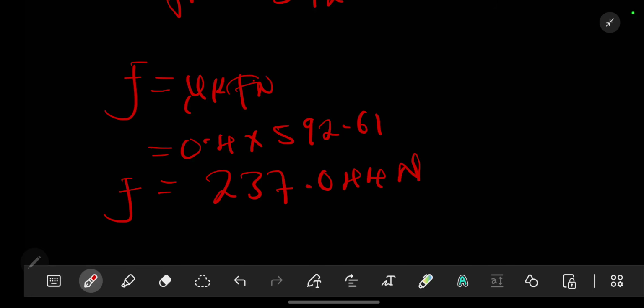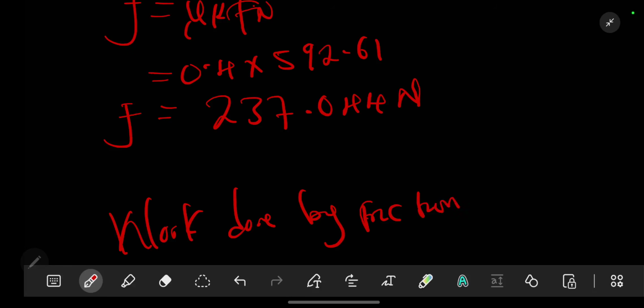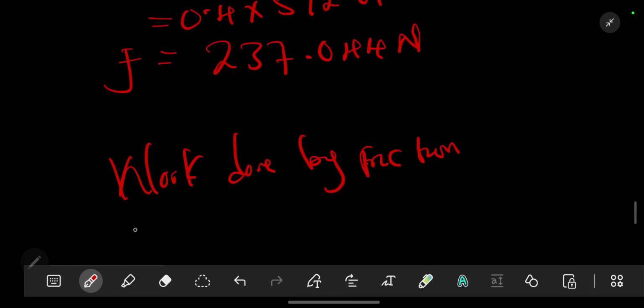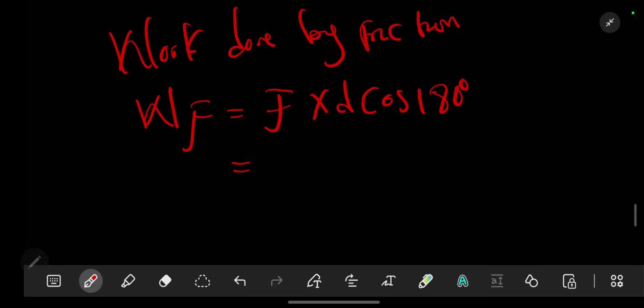If that is the frictional force, we have the work done by friction. The work done by friction should be equal to the frictional force times the distance times the cosine of 180 degrees. I've explained how the angle is coming about.